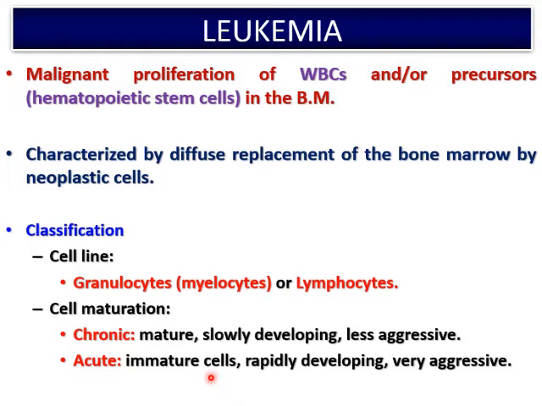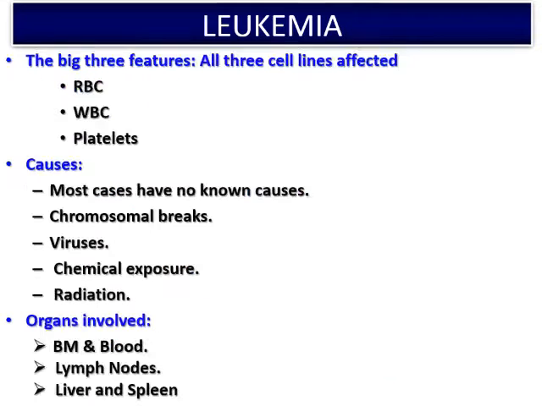But if leukemia arises from immature cells, it will be acute leukemia. Acute leukemia may be acute lymphoblastic if it arises from immature lymphoblast cells, or acute myeloblastic if it arises from immature myeloblastic cells.